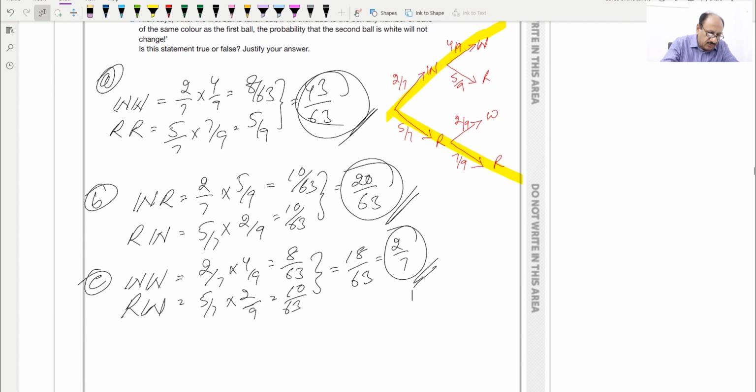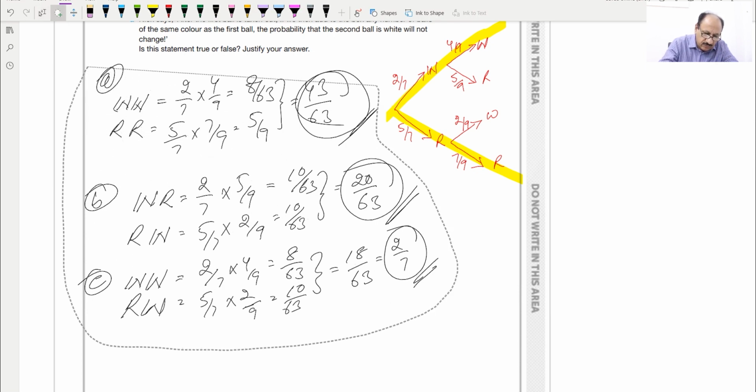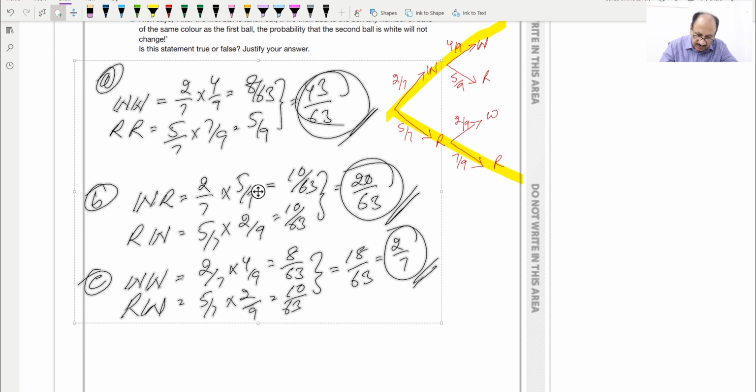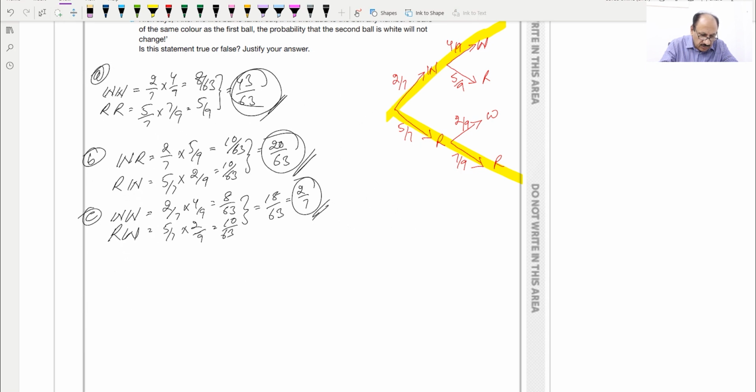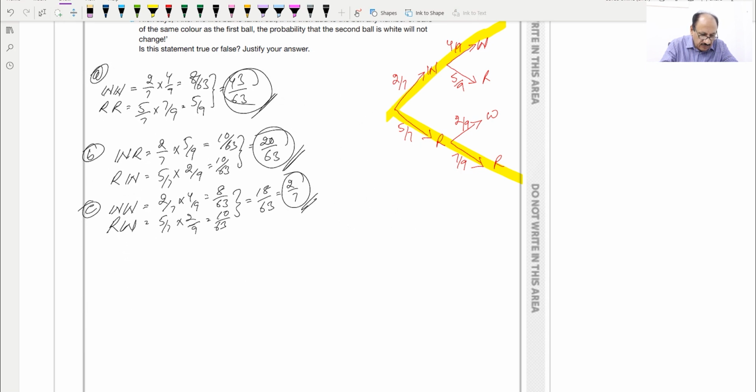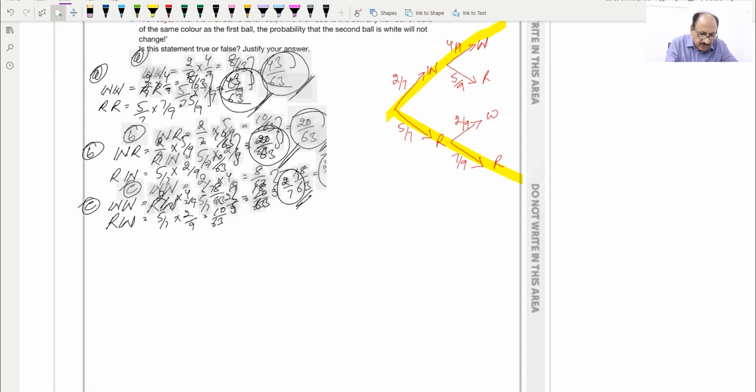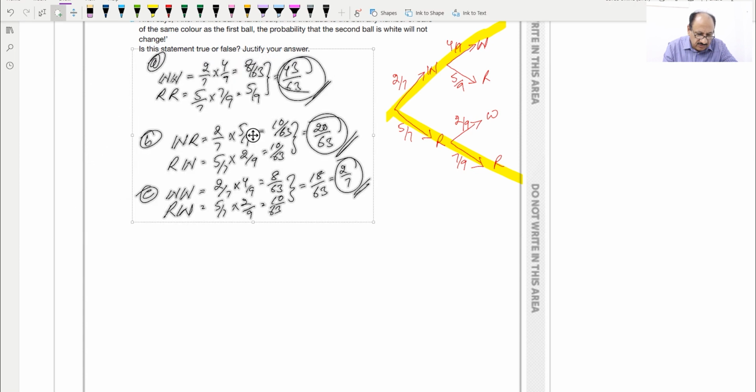Now we can reduce the size so that we can make space for the next part also, and this is the concise ABC part.